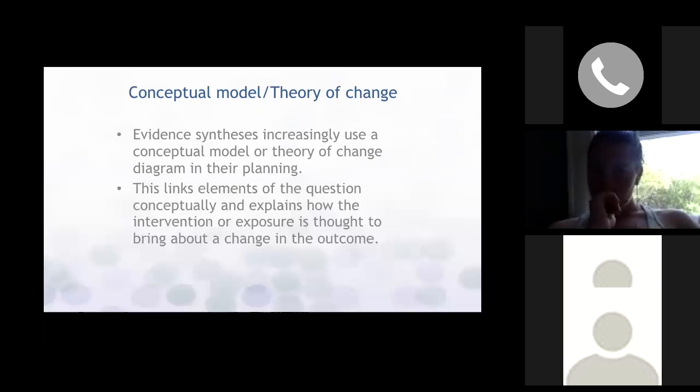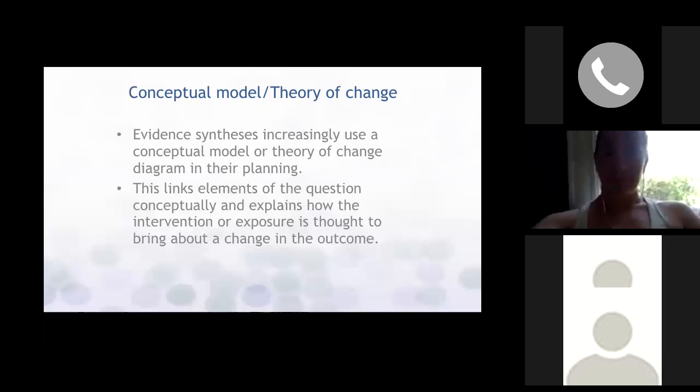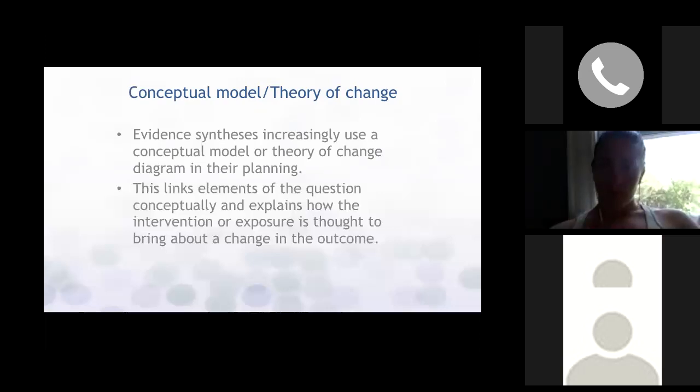And what it does is link the elements and the components of your question together. You're taking your population, your intervention, your exposure, and then linking these together and trying to explain how we think by doing this action, we will achieve these outcomes.